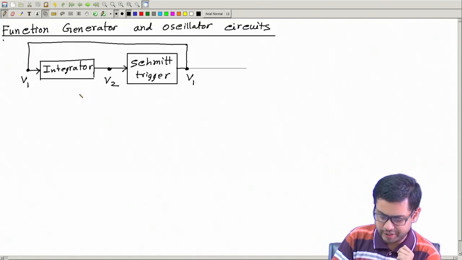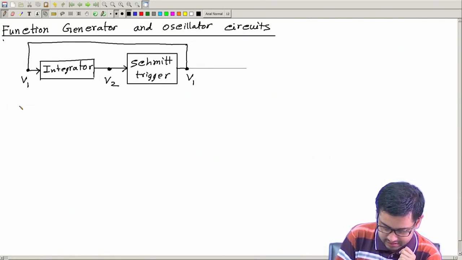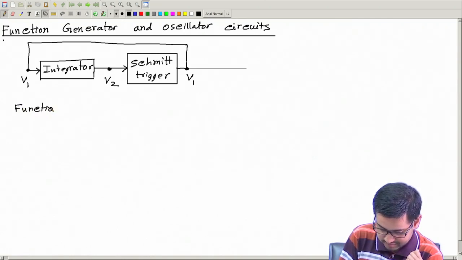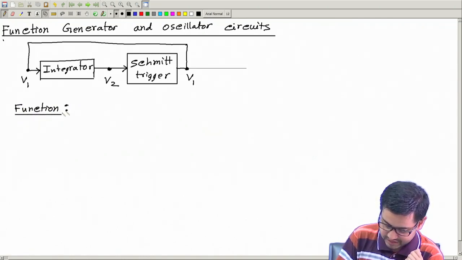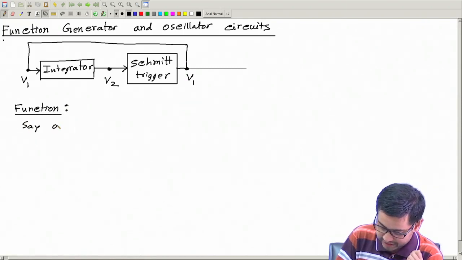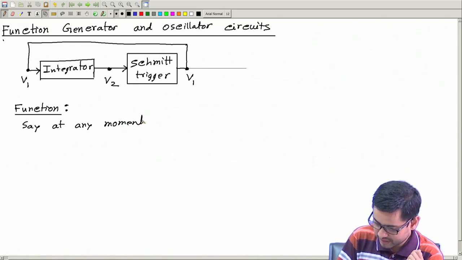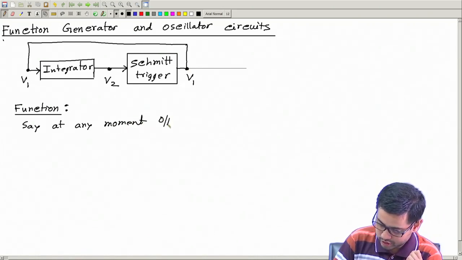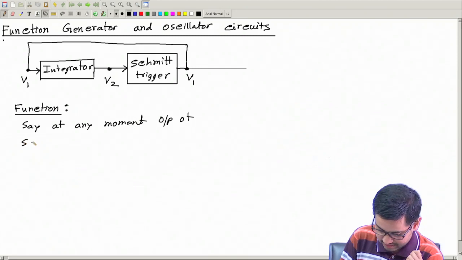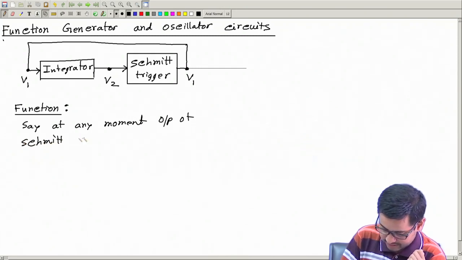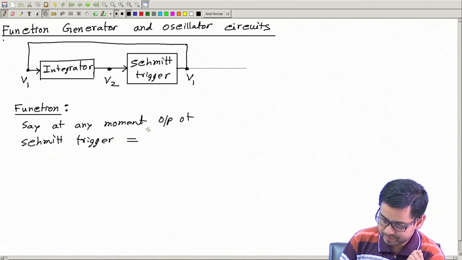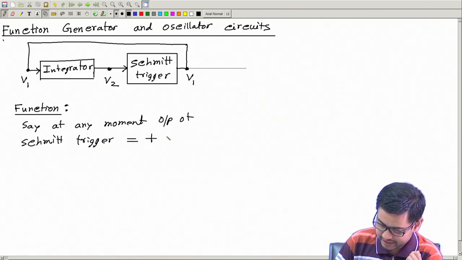So, let me repeat how the function generator works. Say at any moment the output of the Schmitt trigger is equal to plus V supply.